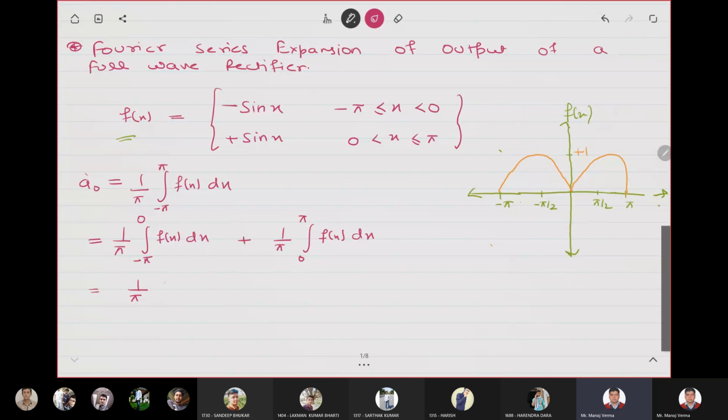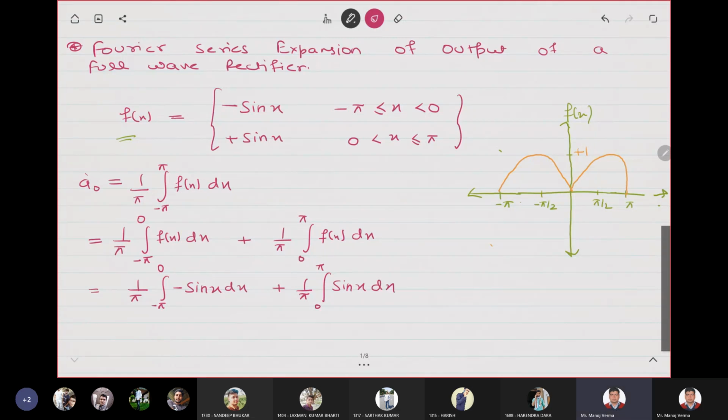So from minus pi to 0, the value of the function is minus sin x. Similarly, in the 0 to pi range, the value of the function was sin x.